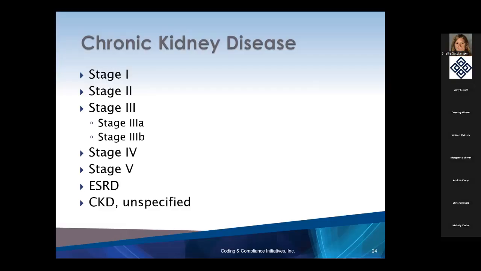The codes that have an HCC are stage 3, 3A, 3B, 4, 5, and end-stage renal disease. Now, obviously, if you don't know the stage and it's not easy for you to get, then you code what you know. But don't just pull that over because it's on the problem list.